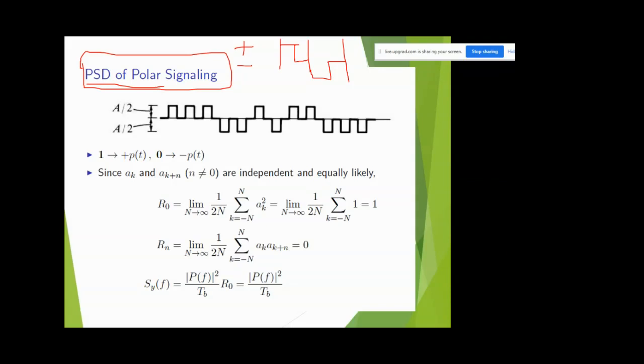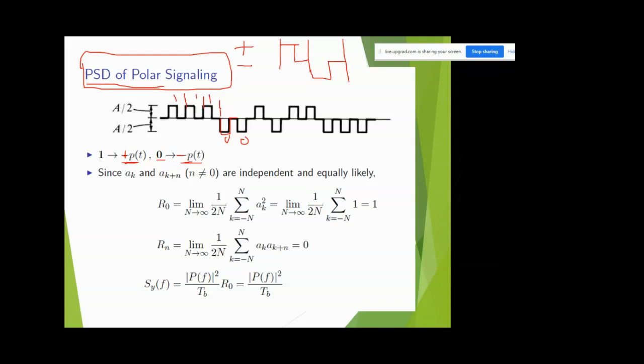Polar RZ means return to 0. Here it is bit 1, 1 1 1. After that it is 0 0, like this. Half part returns to 0. Here you can see 1 we represent with a plus sign, and 0 we represent with a minus sign.